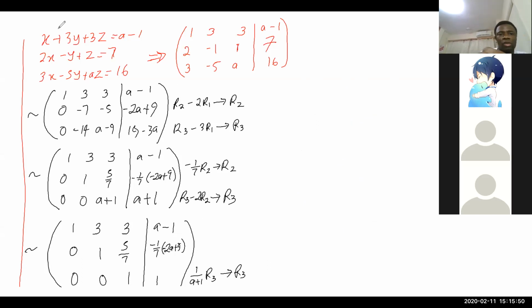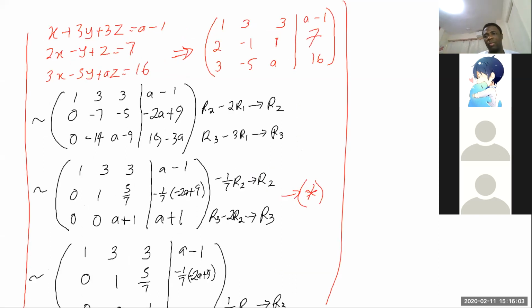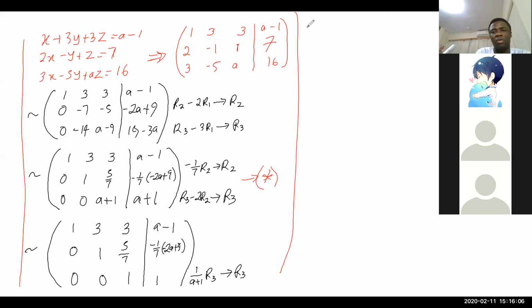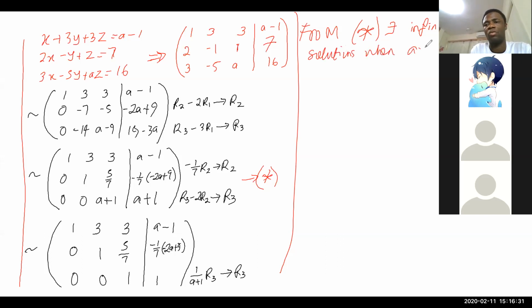Okay, so what I could do if I was solving it, if I call this star, I could say from asterisk, there are infinitely many solutions when a plus 1 equals 0, which means when a is negative 1.